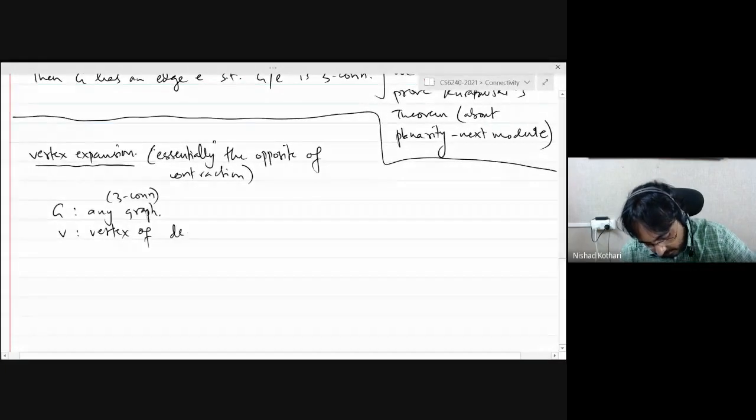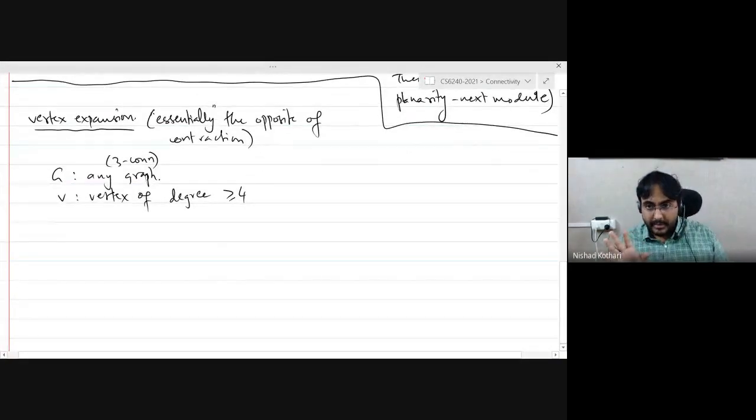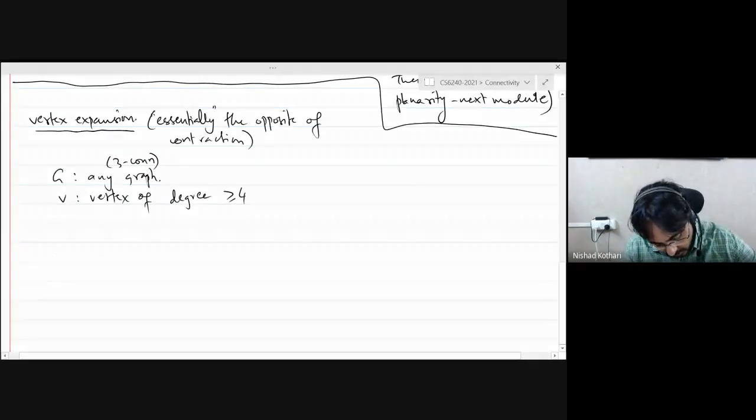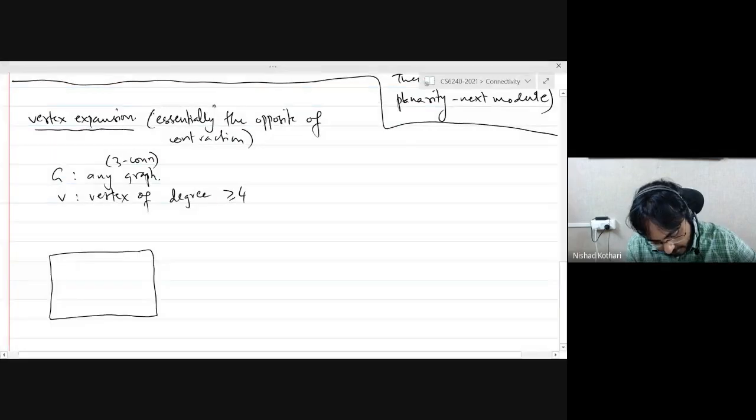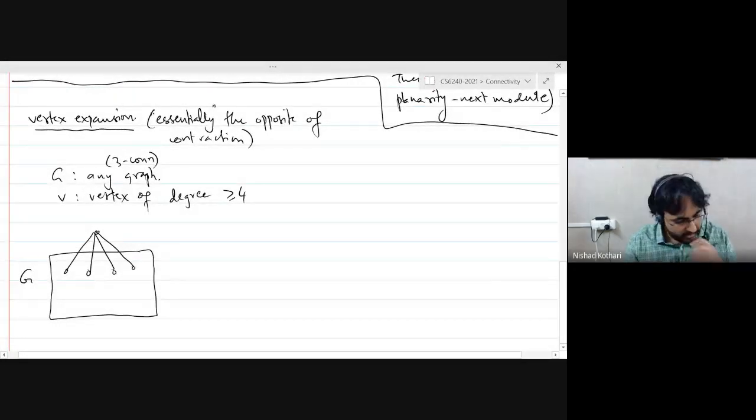Remember, all our graphs are loopless in this part of the course for three connected graphs. So I'm not going to worry about loops. So your drawing looks something like this. You have this graph G, and there is a vertex V that has degree at least 4. And some of these could be parallel edges.